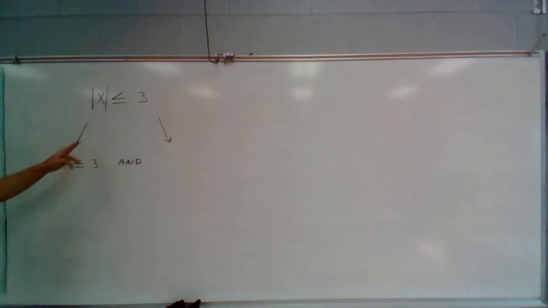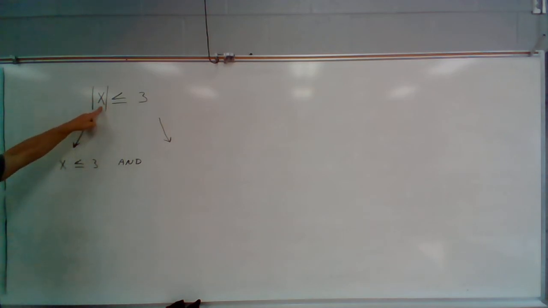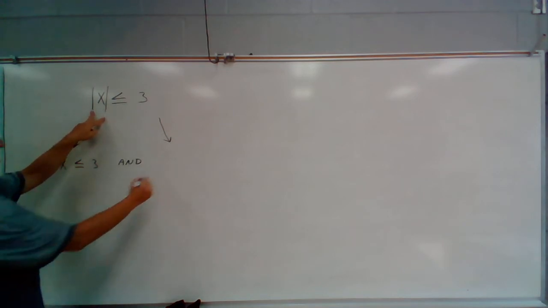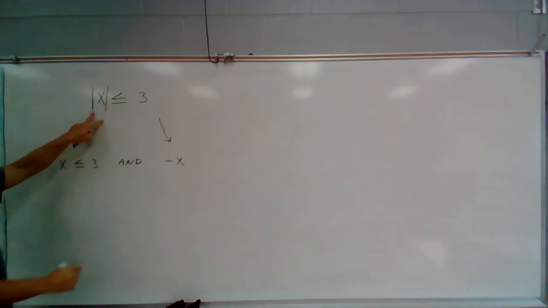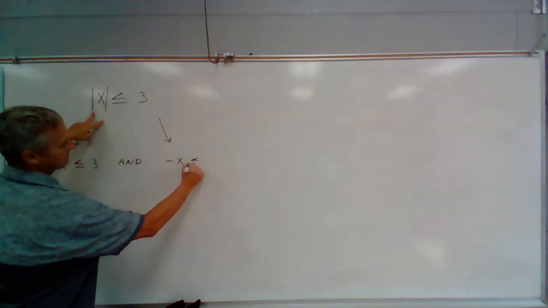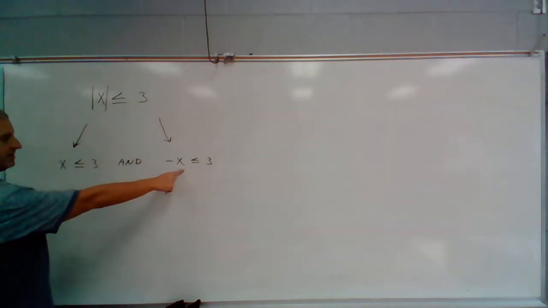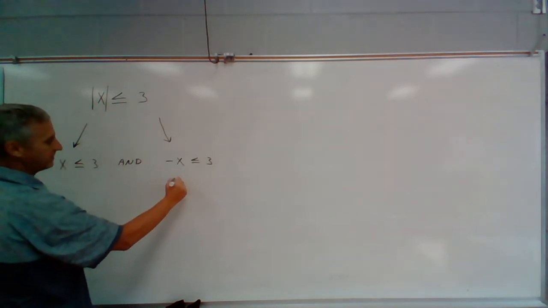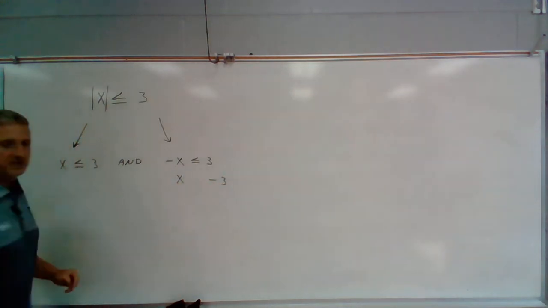And the second possibility is that the x is negative. If the x is negative, the absolute value of x is the opposite of x. So we have negative x is less than or equal to 3. If I solve this one, if I multiply both sides by -1, I'll have an x and I'll have a -3.